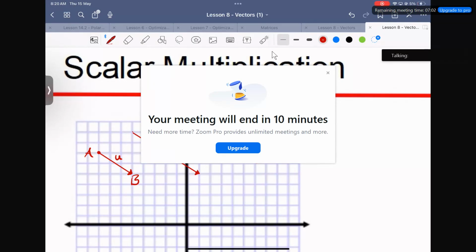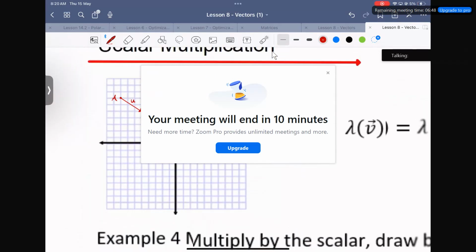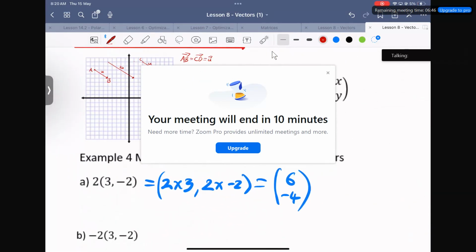So we could also say that the vector AB is equal to the vector CD is equal to the vector u. Okay, have a go now at doing number 2 and sketching it on your axes. Pause for a minute.